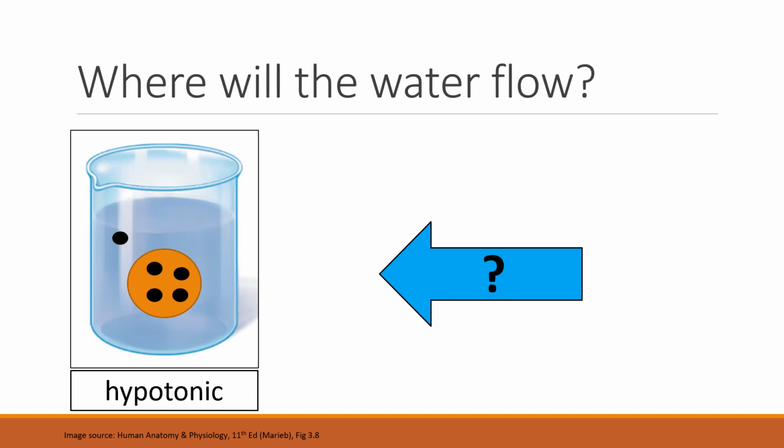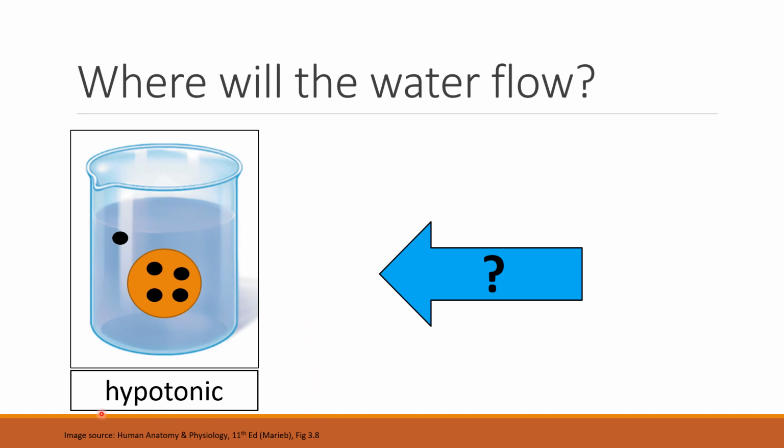Okay, so now we're going to talk about tonicity and give some examples of where the water will flow via osmosis. In this example, I have a beaker of water, and we'll call that a cell. It has a semi-permeable or selectively permeable membrane in that water can go through it, but these black dots, the solute, cannot go through it.